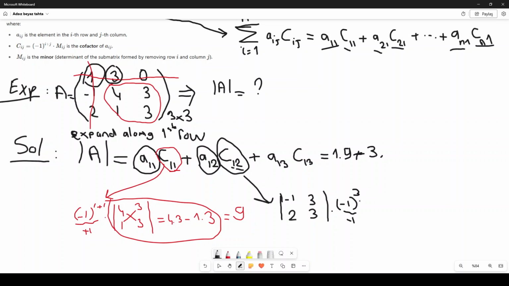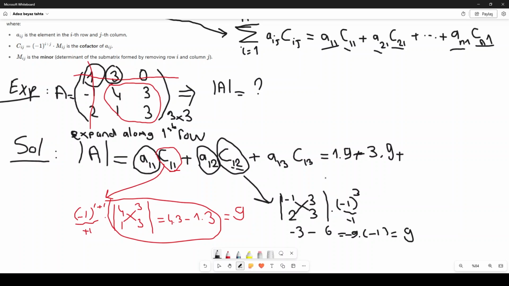So what's the determinant of this matrix? Minus 3 times 6, it's equal to minus 9, and times minus 1, so it is plus 9. So we have one more 9 here. I just put it here.